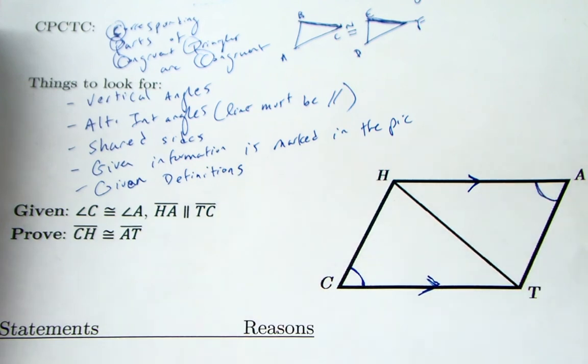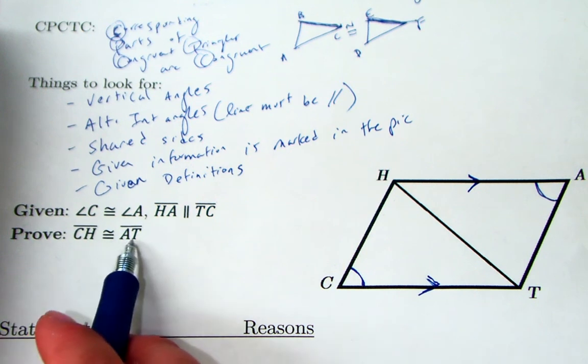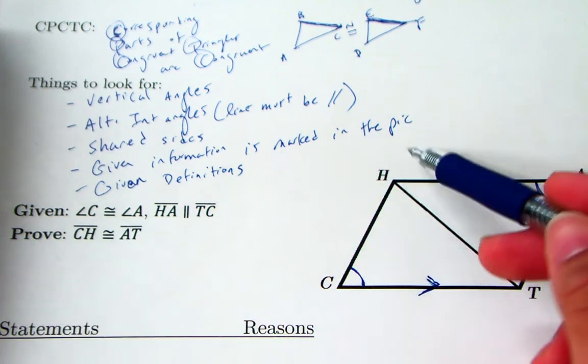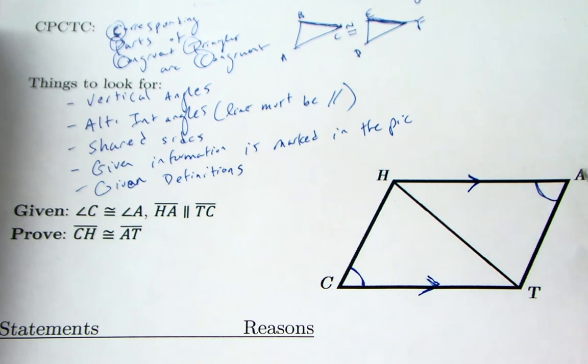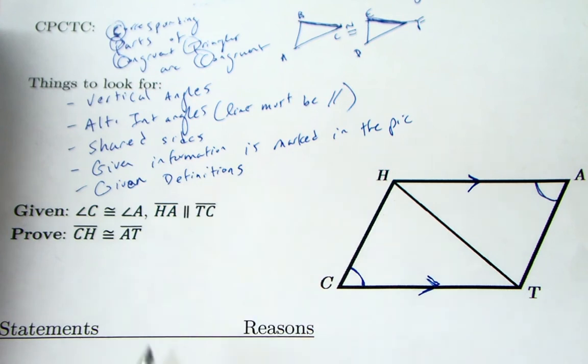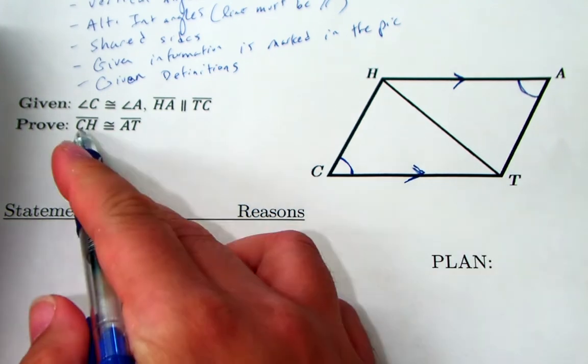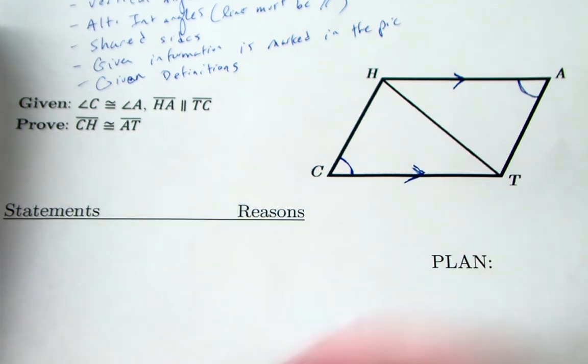So our goal, you'll notice, our proof, is to show that CH is congruent to AT. In other words, this segment is the same length as that segment. Now you might think, well, we've been talking about triangles, and nowhere in this problem does it say anything about triangles. So before we actually get into the proof, let's stop for a moment and make a plan. So what is our overall goal? Our goal is to show that CH is the same as AT. Well, how do we do that?